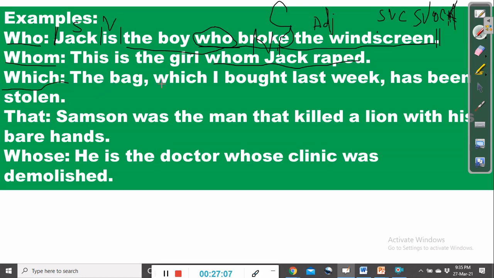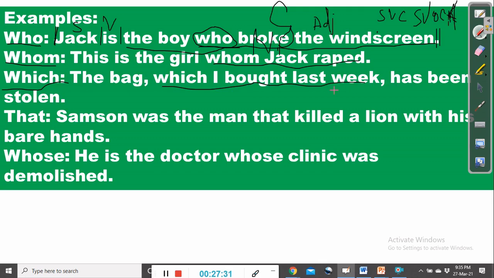We can use it to introduce a relative clause as follows. The bag, which I bought last week, has been stolen. All right. You can see that this is a non-defining relative clause, which is why we separate the clause with commas.